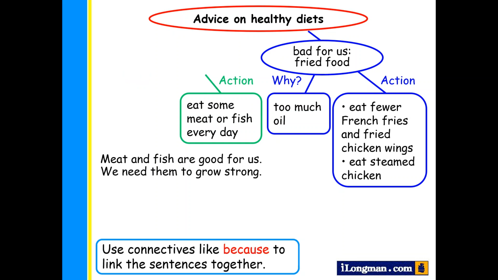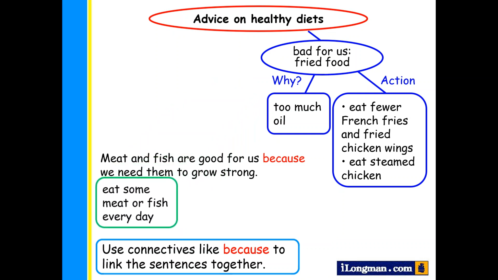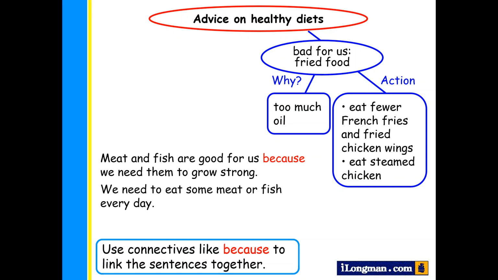We can use because to link these two sentences. Okay? Meat and fish are good for us because we need them to grow strong. We need to eat some meat or fish every day.